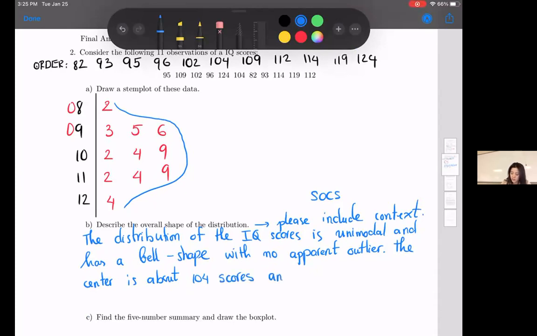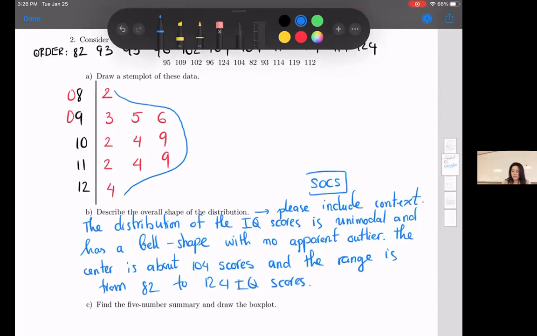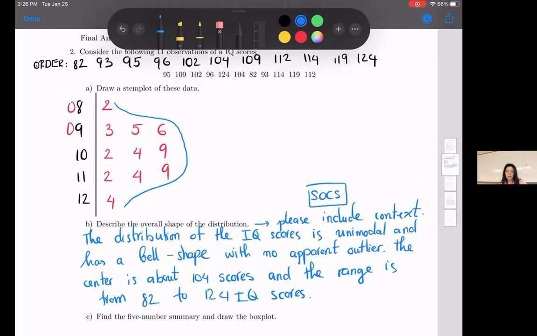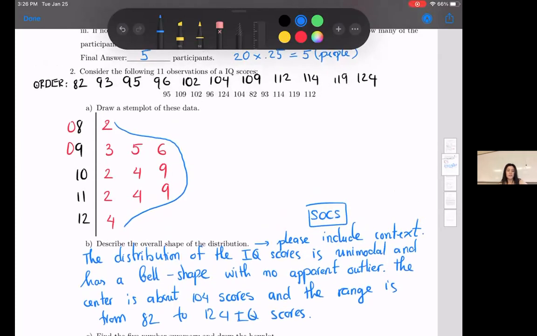And the range is from 82 to 124 IQ score. So that's what I'm looking for on the exam. You'll have something very similar to this.